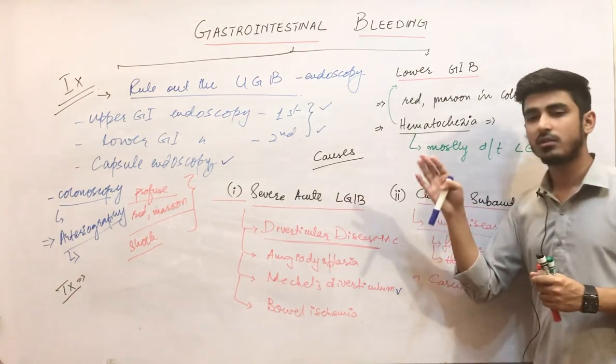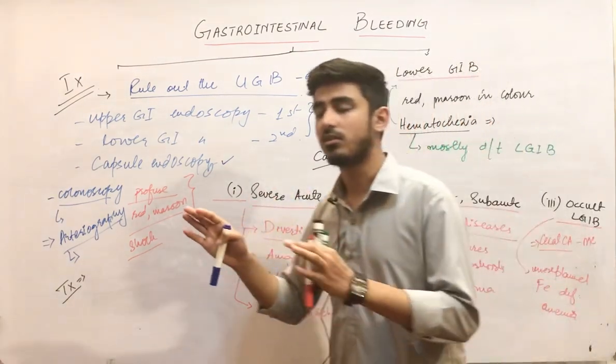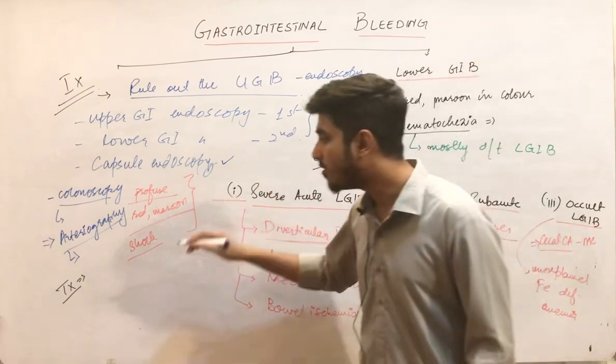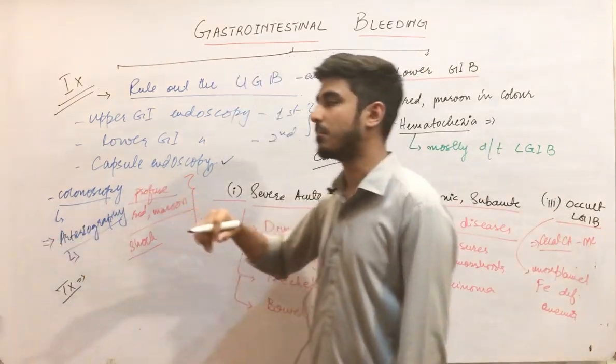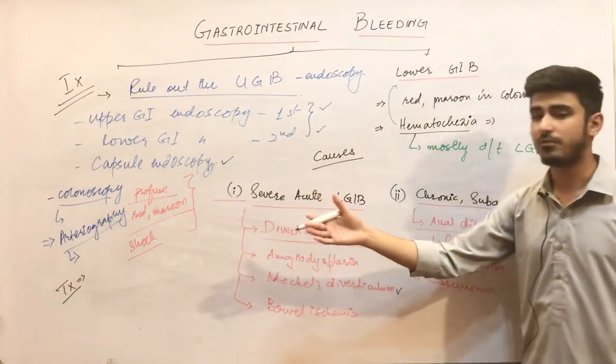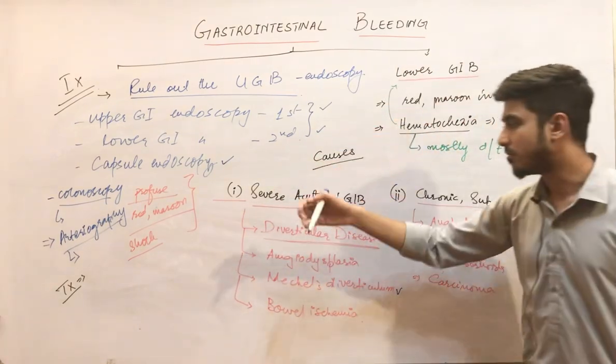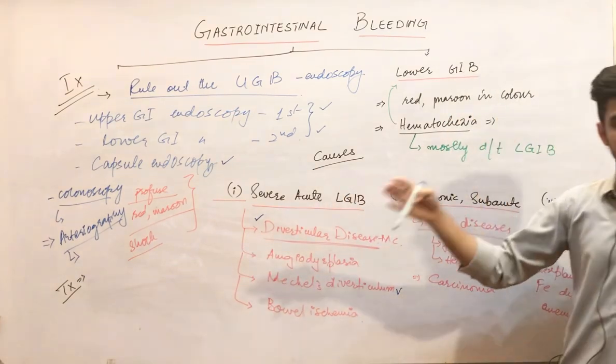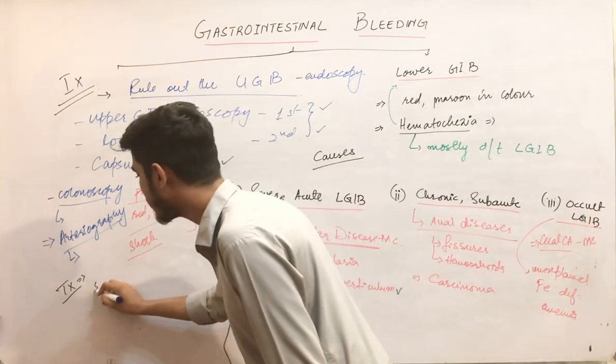So after doing the initial investigations and work up, and the resuscitation, now you will treat the specific cause. For example, you have found on the colonoscopy that this is a diverticular disease. Clear? So all the initial steps are done. Now you will take the specific measures for the diverticular disease.